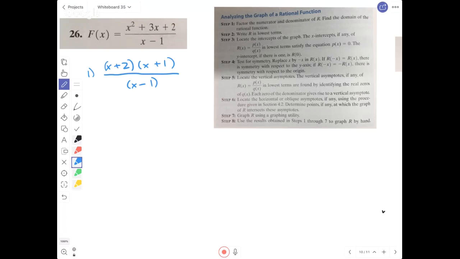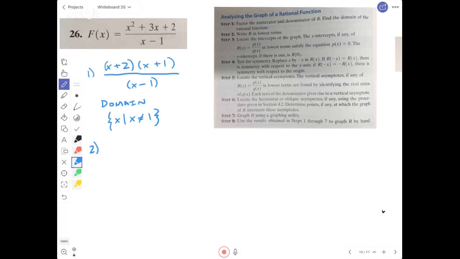Oh, but the domain we can find here in step 1. Domain is the set of values x such that x does not equal 1, because 1 minus 1 is 0, and you can't divide by 0.